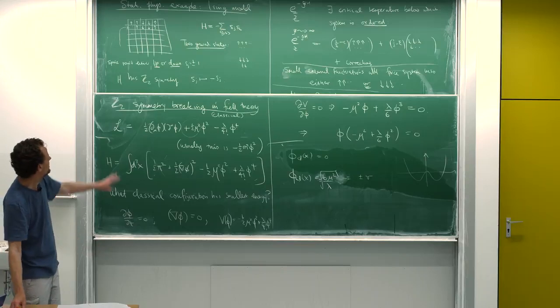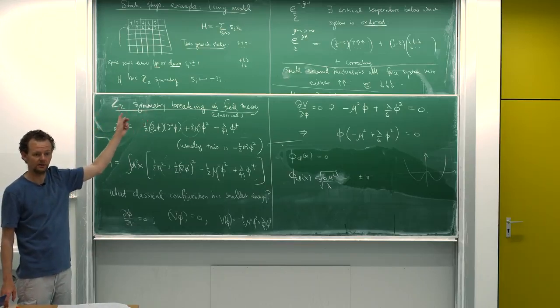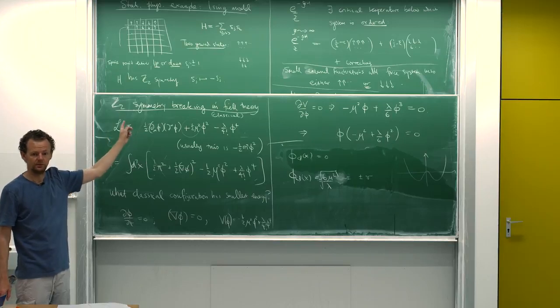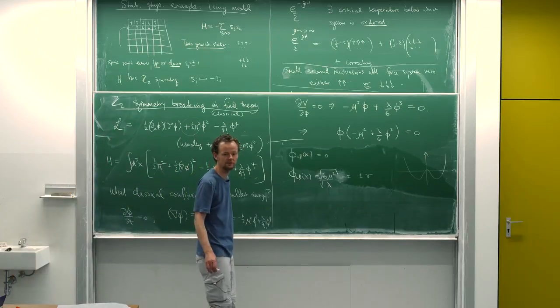Now, in contrast to the first example that we covered, this single particle in a double well, the quantum version will also exhibit spontaneous symmetry breaking. So I'm not going to do the quantum version. This is already quite a complicated calculation, the quantum version.